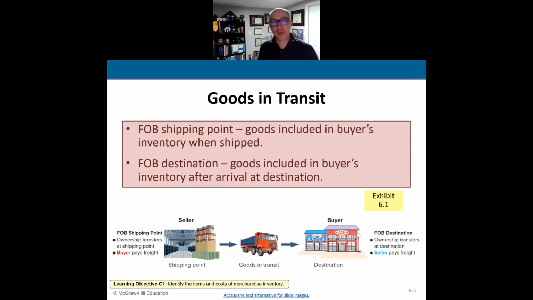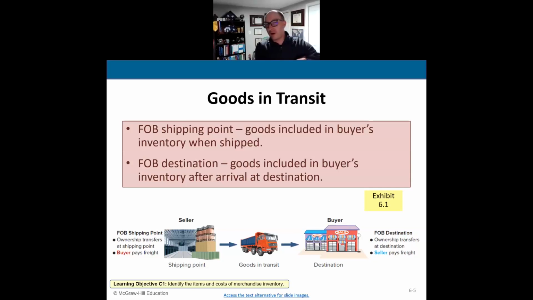And free on board destination means that the seller is responsible for the goods while they're in transit. Okay, so that also tells us when those goods go into the respective inventory.